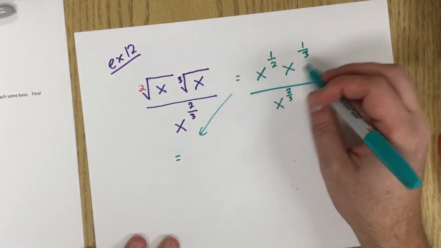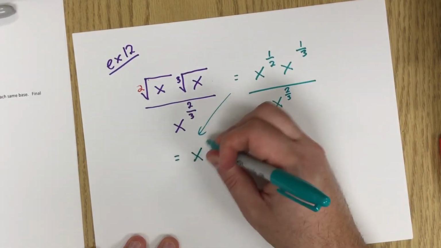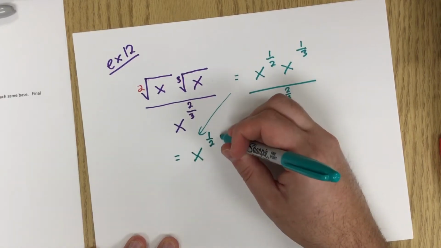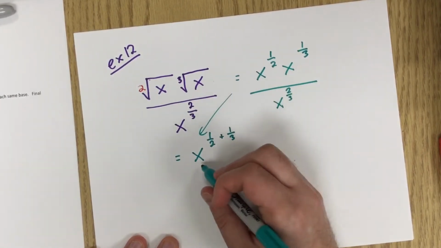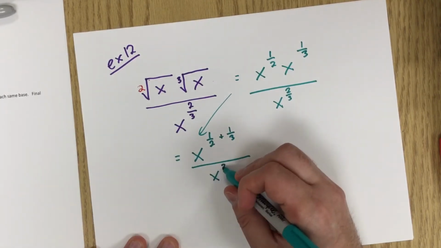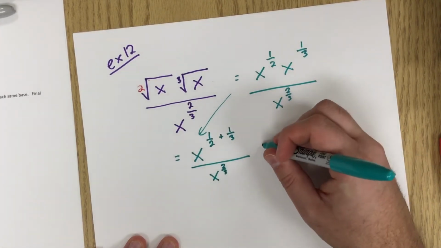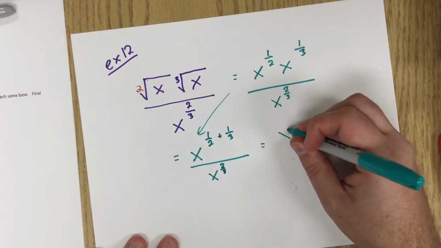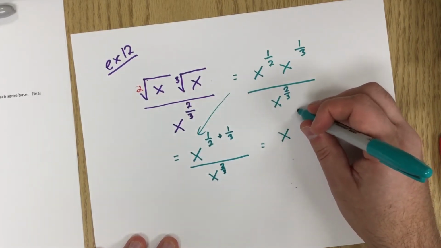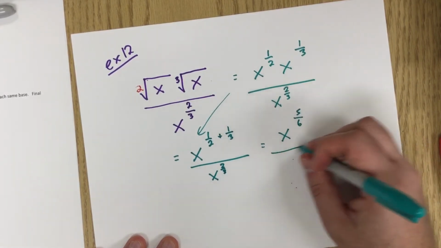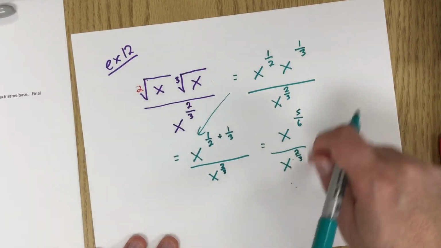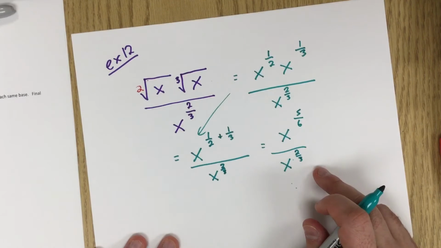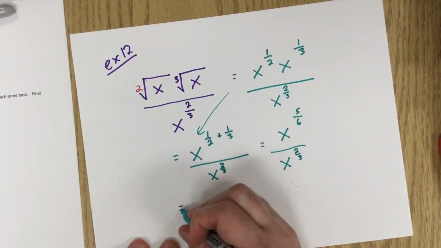When you have exponents like this, it's going to be x to the 1/2 plus x to the 1/3 over x to the 2/3. If we add these up, we get x to the 5/6 divided by x to the 2/3. When we have the same base but we're dividing, we subtract the exponents.